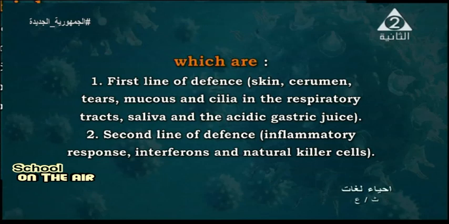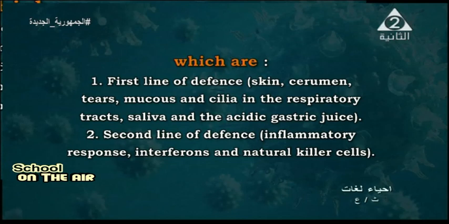This is the first line of defense inside the human body: skin, cerumen, tears, mucus, cilia inside the respiratory tract, saliva in your mouth, and the acidic gastric juice, meaning the juices secreted from the stomach.